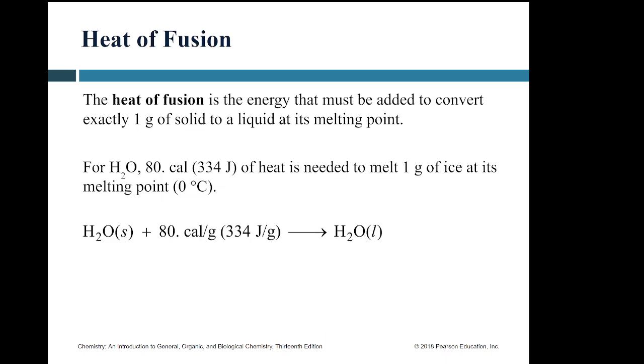The heat of fusion is the energy that must be added to convert exactly 1 gram of a solid to a liquid at its melting point. So for H2O, 80 calories or 334 joules of heat is needed to melt 1 gram of ice at its melting point, which is 0 degrees Celsius.